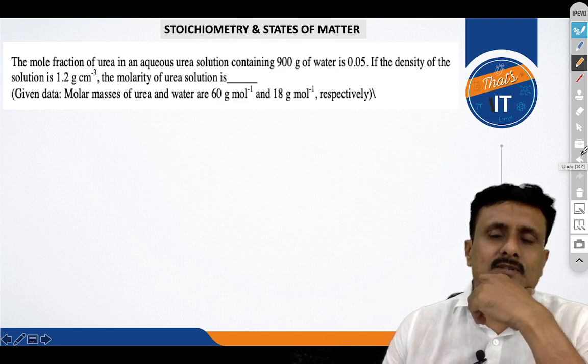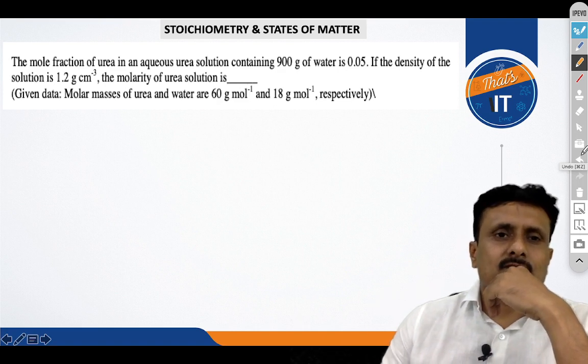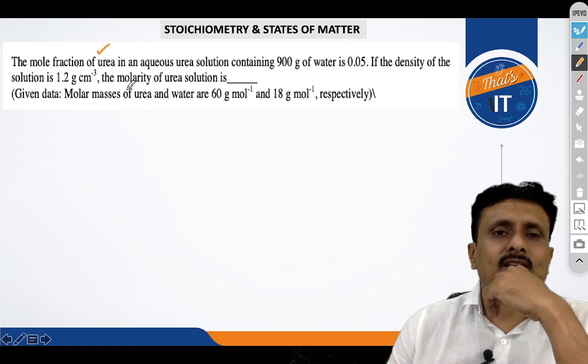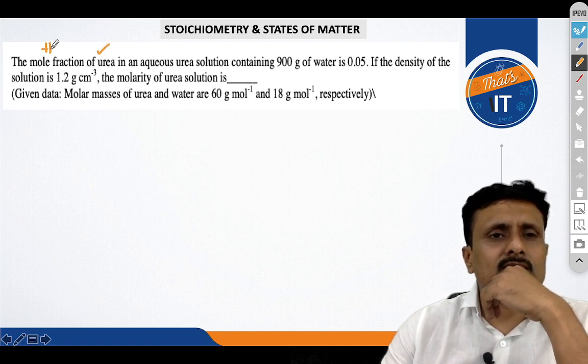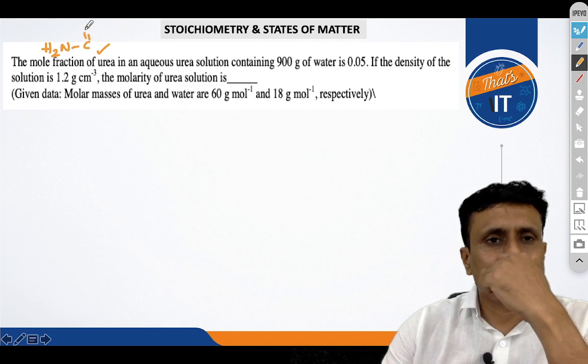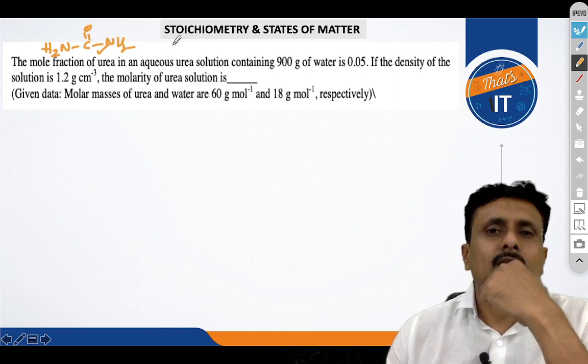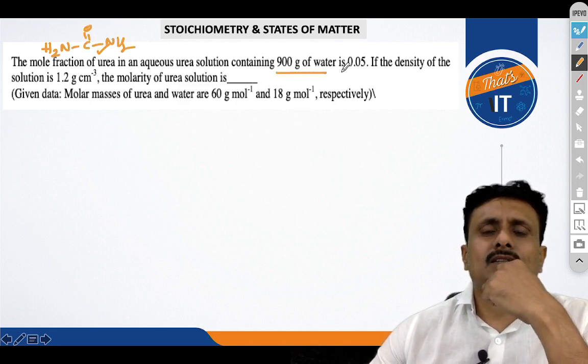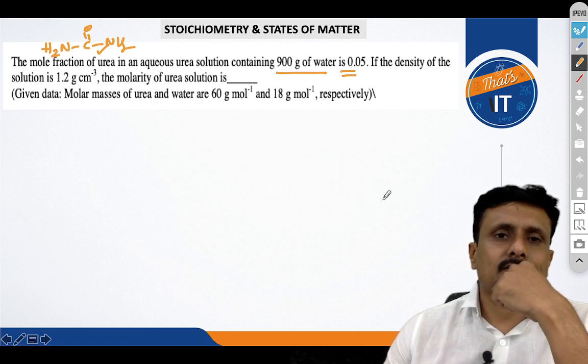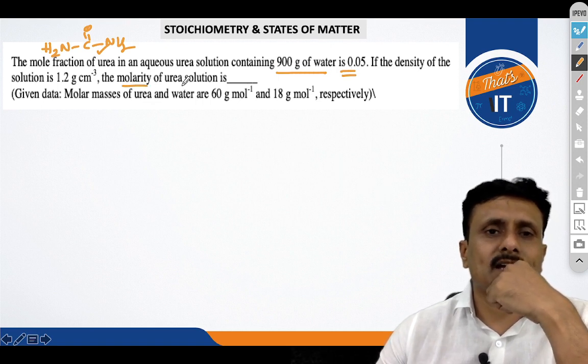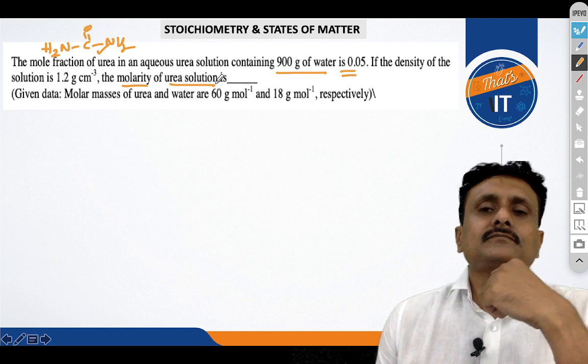Now you see another easy question. Mole fraction of urea. You know the formula of urea, isn't it? Don't you know? Solution containing 9 grams of water, mole fraction of urea is 0.05. Then you have been asked to find the molarity of urea solution.